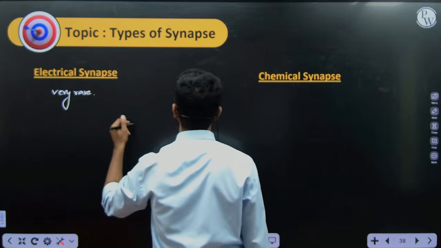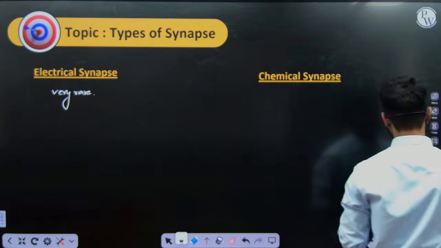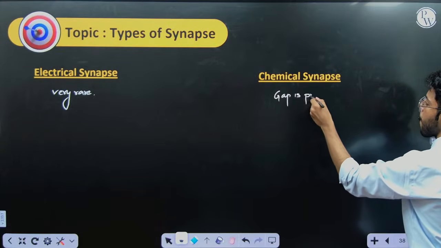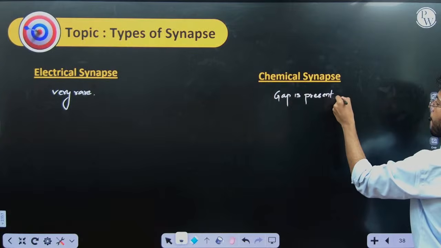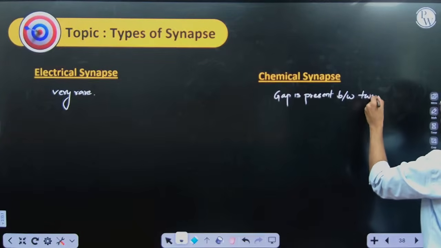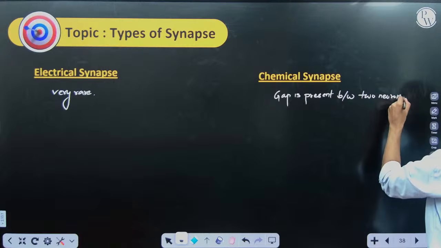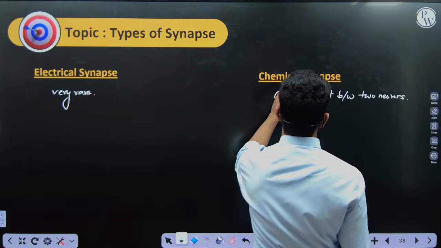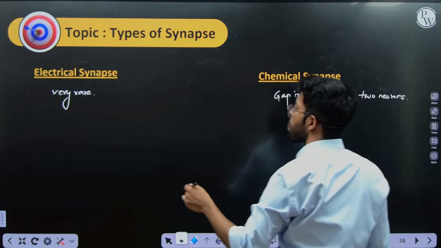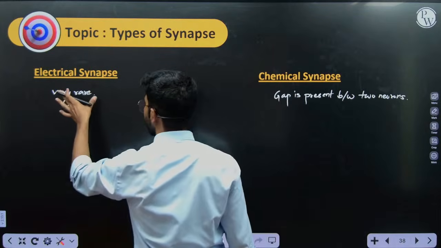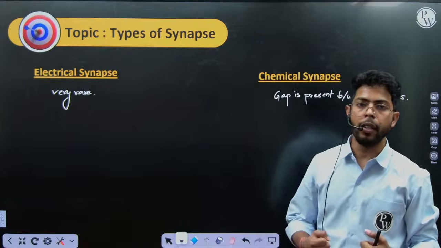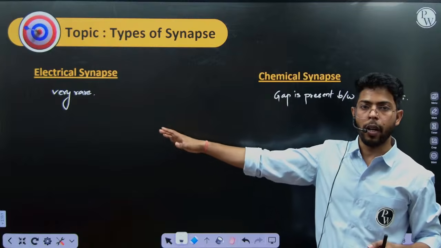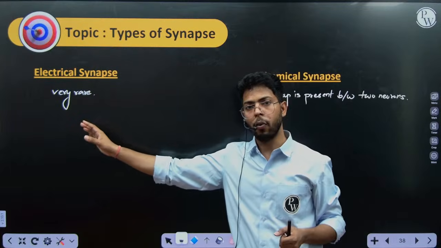In a chemical synapse, there is a gap present between two neurons, and in the electrical synapse there is a junction. There is no space present between the two neurons. There is no chemical required. There is no neurotransmitter required.